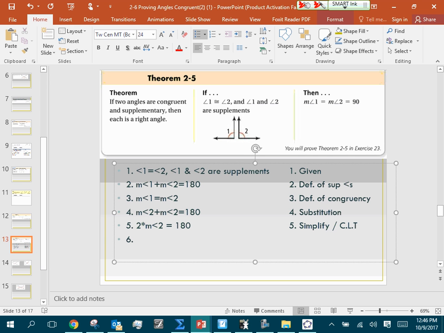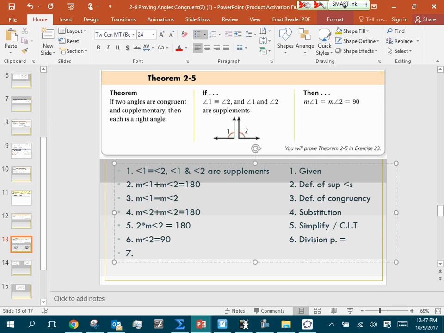Now, if I had 2x equals 180, you would solve for x by what? Dividing by 2, right? Well, this is my symbol. This is my variable now. Let's solve for it. So divide both sides by 2. Measure of angle 2 then is equal to 90. So that was division. It's a property of equality.